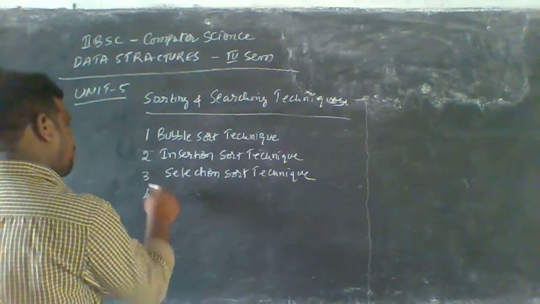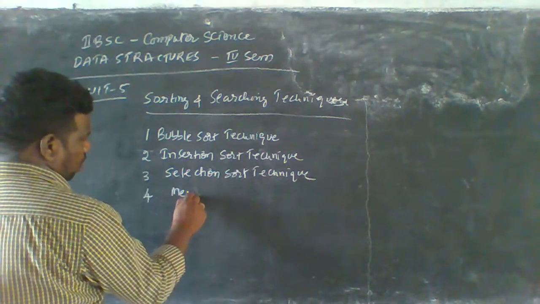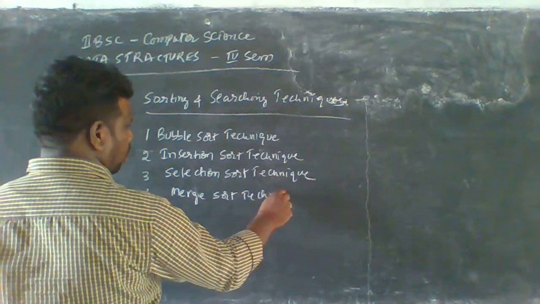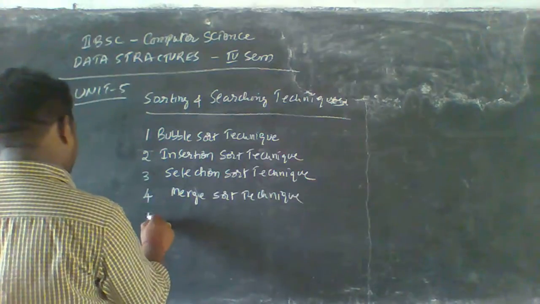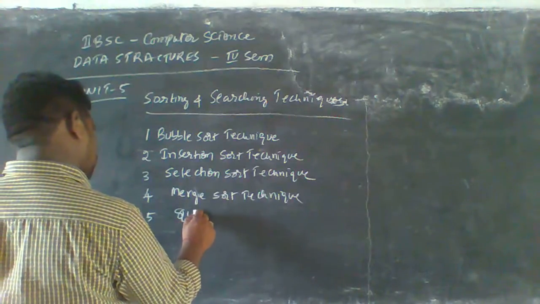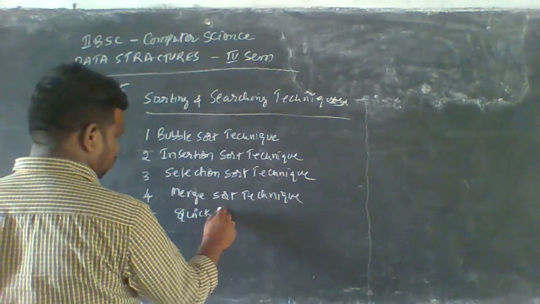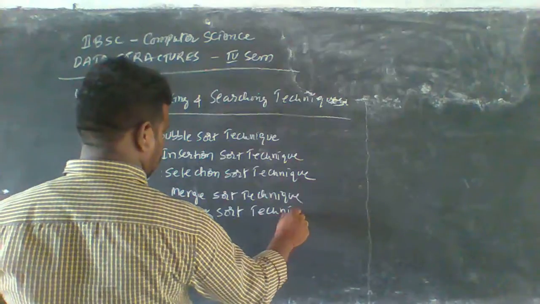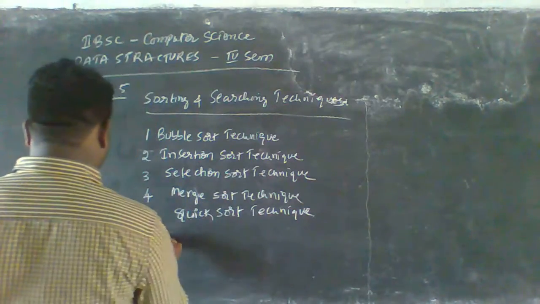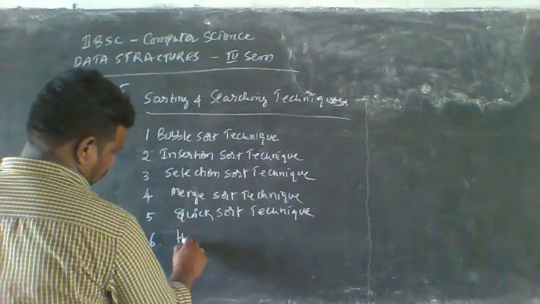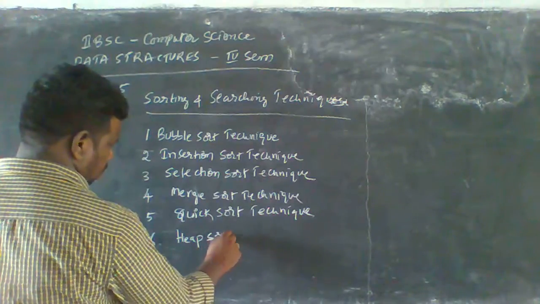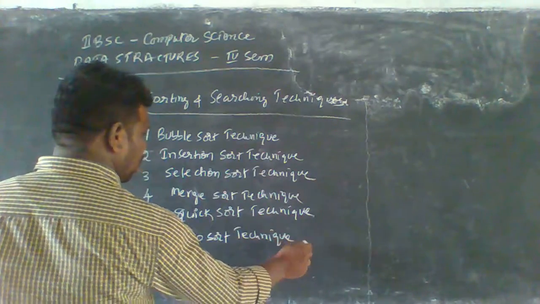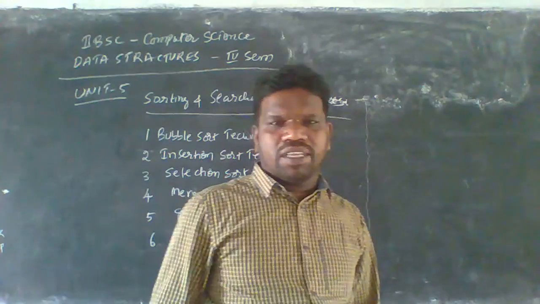The fourth one is called the merge sort technique. The fifth one is called the quick sort technique, and the sixth one is called the heap sort technique. In total, we have six types of techniques available here.